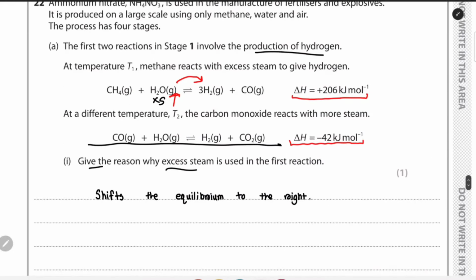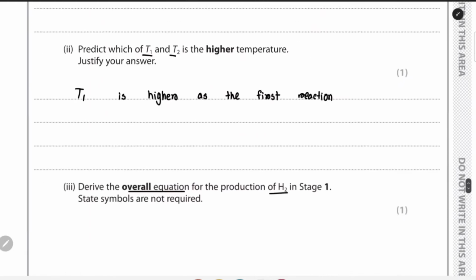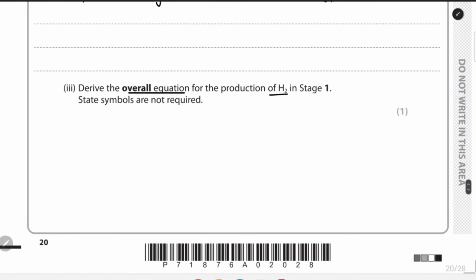If I add both of them together, I'll get rid of the carbon monoxide over here. So I'll just have to write the sum of these two equations. This will be CH4 plus 2H2O, and I'll get 4 moles of H2 and 1 mole of CO2 over here.